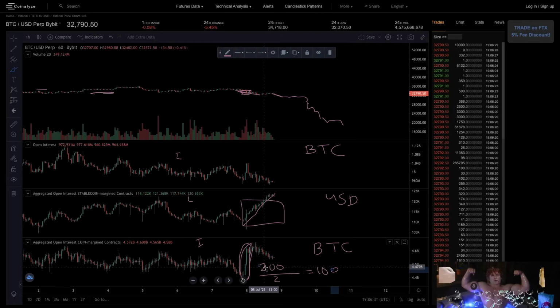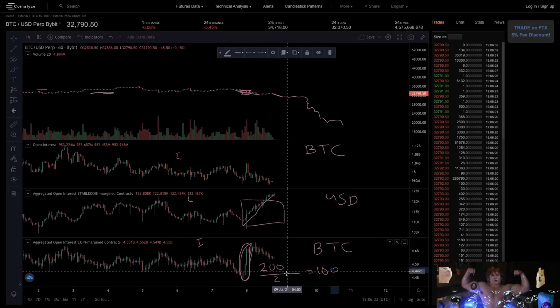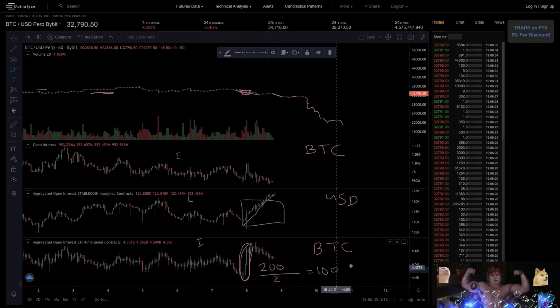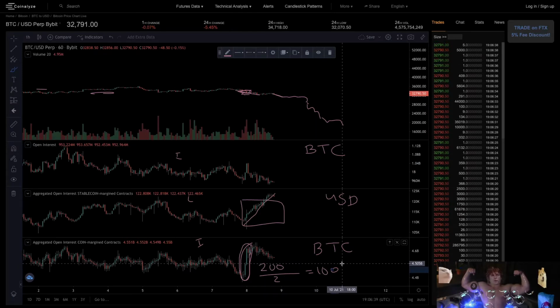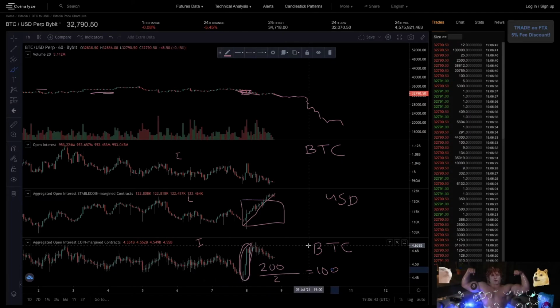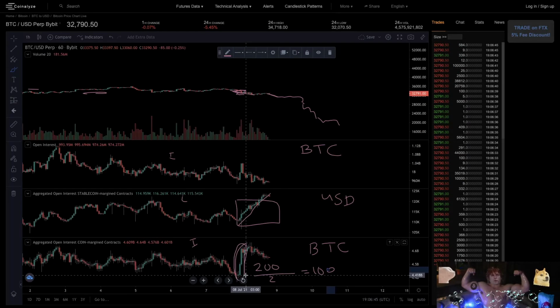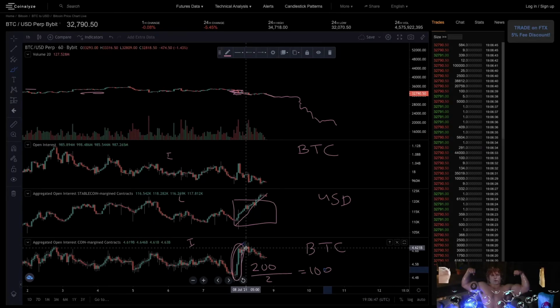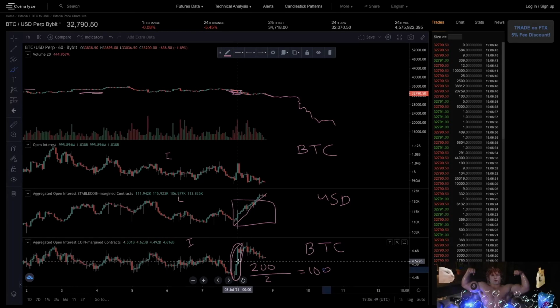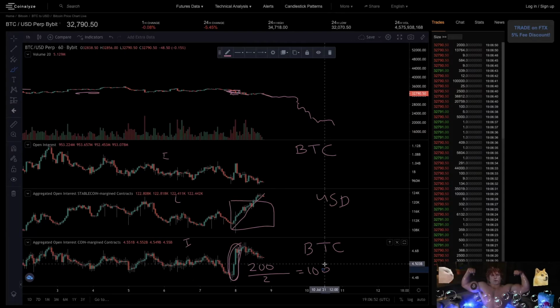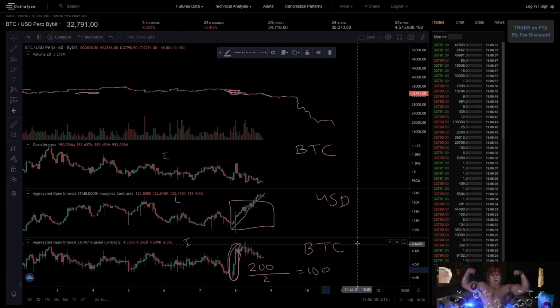It can't be shorts. Open interest is exactly 50% longs and 50% shorts. That means that if open interest went from 4.4 billion to 4.6 billion, by definition, that is $100 million of longs that have added. It's also $100 million of shorts, but it's also $100 million of longs.